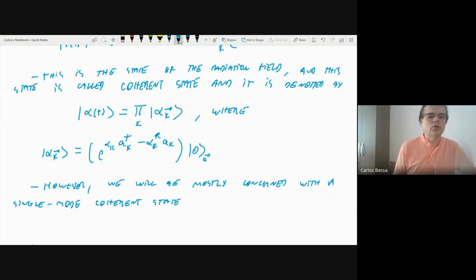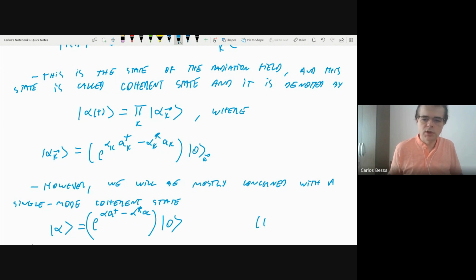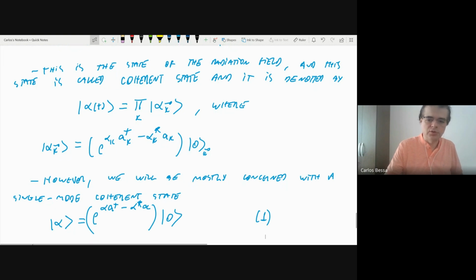In this case, because we're interested just in a single mode, we remove the k, and we can write the coherent state alpha, this guy, just for a single mode state. Here, 0 is the ground state for the oscillator. I'll call this equation 1, because I think I put 1 here, and I'll use it in the future.